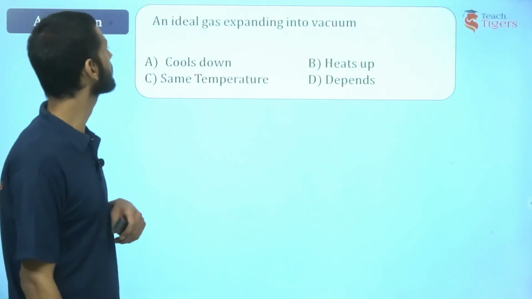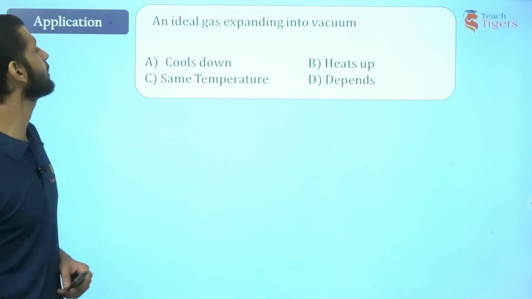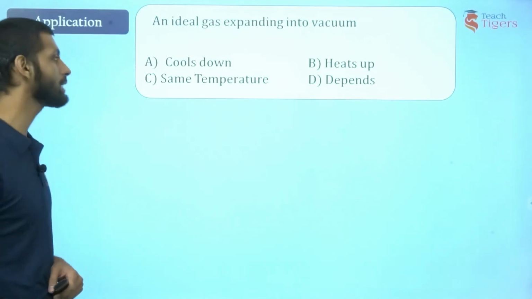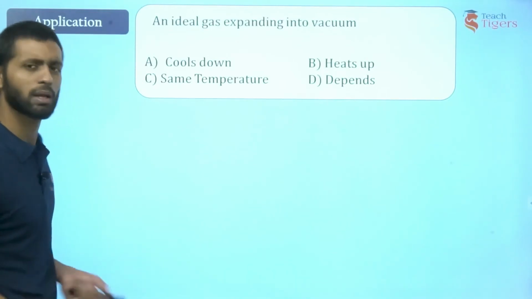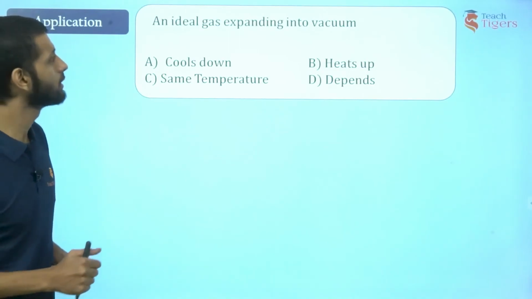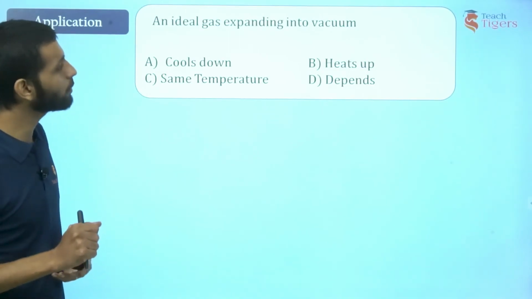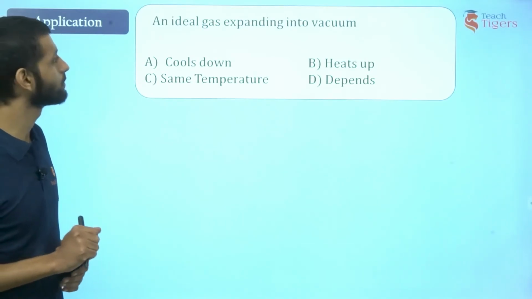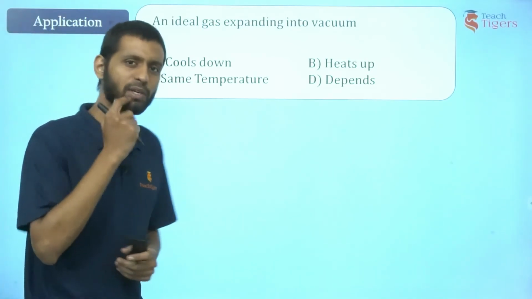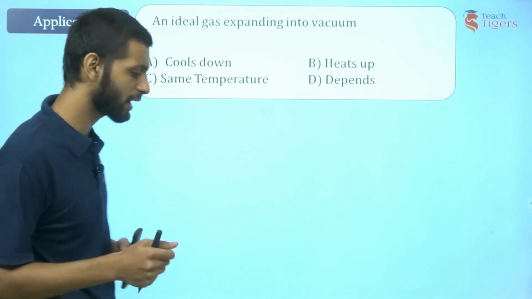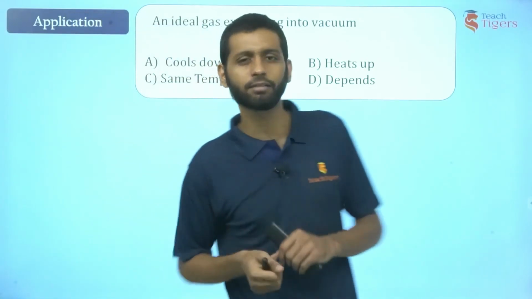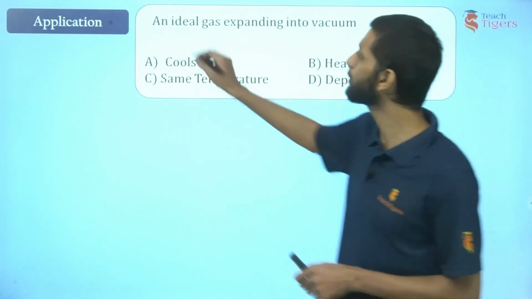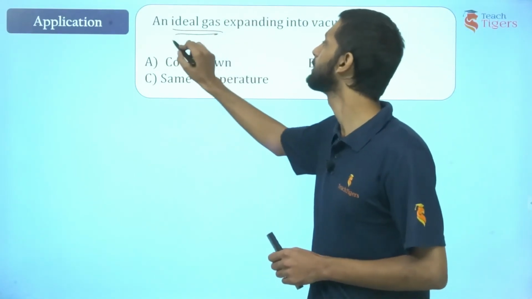Alright, next. An ideal gas expanding into vacuum: cools down, heats up, same temperature, depends. Right? Think about it. You've probably seen it somewhere. In many movies, when a gas expands in vacuum, they show some freezing kind of effect. But here we are talking about ideal gases.